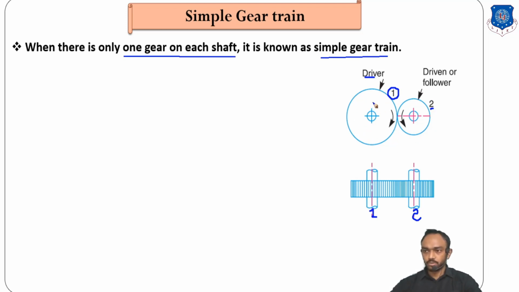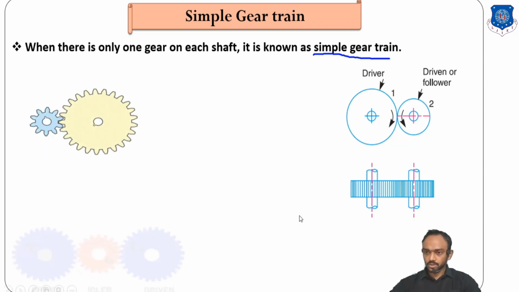When gear number 1 is rotating in a clockwise direction, motion will be transmitted to gear number 2 in an anti-clockwise direction. So this is the simple gear train, very basic, one gear on each shaft.